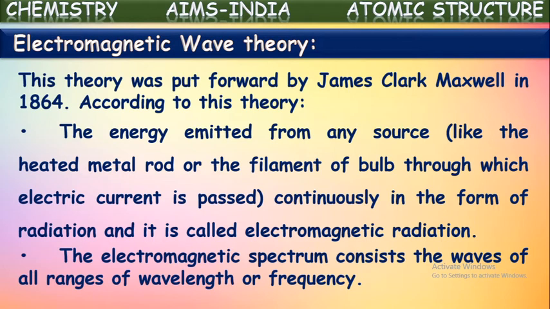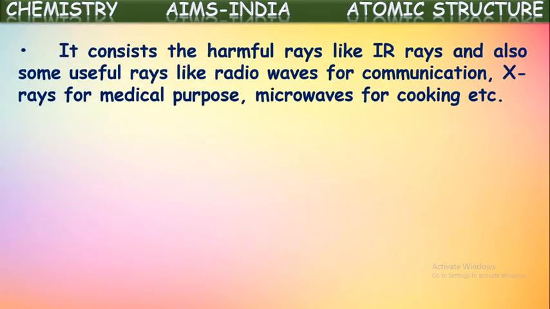That spectrum which represents all these waves, the different frequencies and wavelengths, is called the electromagnetic spectrum. It consists of harmful rays like IR radiations, and also some useful rays like radio waves for communication, X-rays for medical purposes, microwaves for cooking, etc.